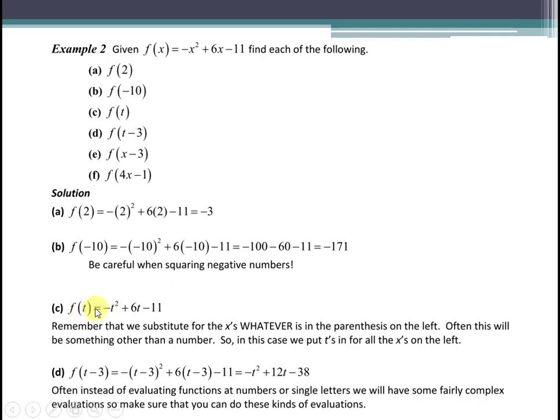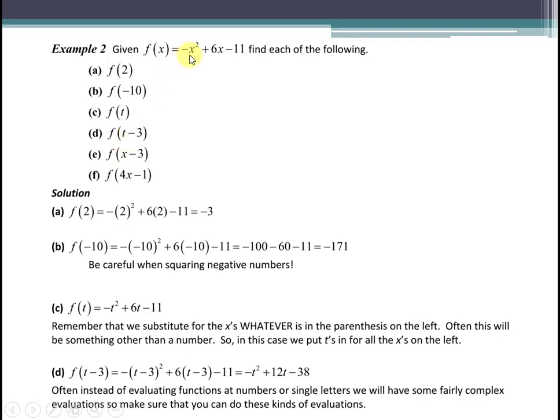c1. We have f of t. It means we should just change our x to t. So now we have the equation: minus t squared plus 6t minus 11. The next one, d1, f of t minus 3.